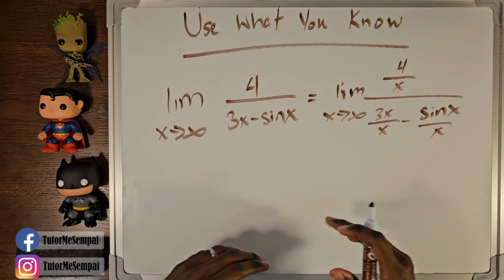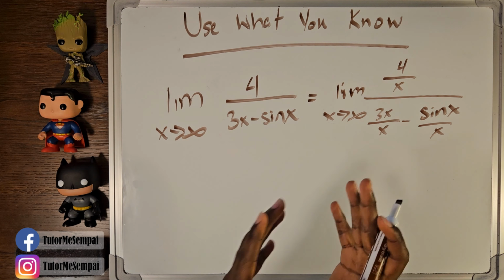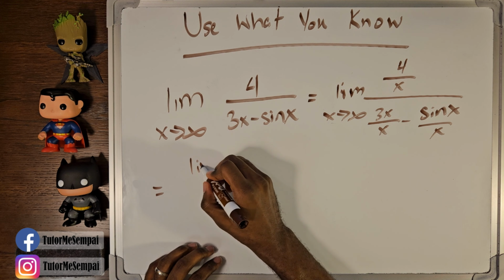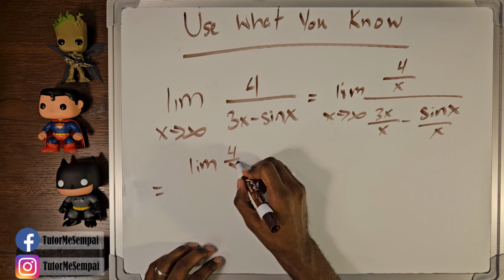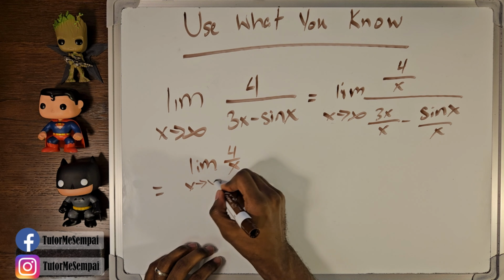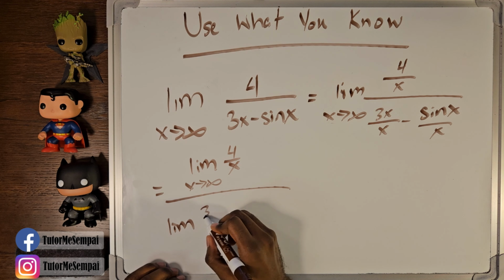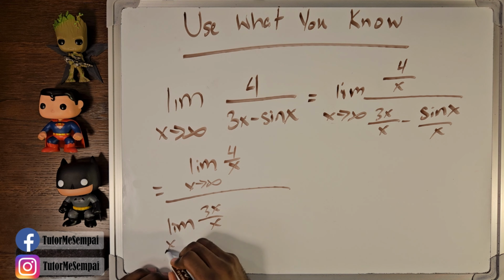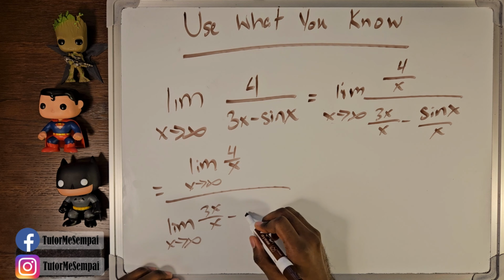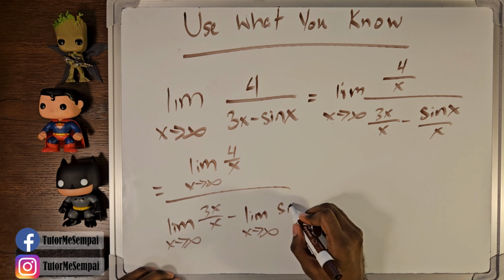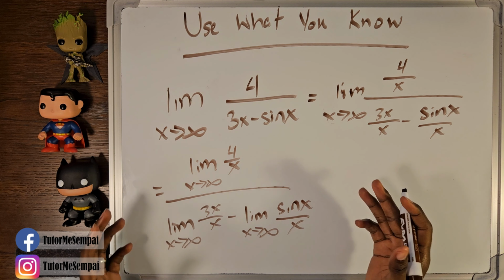Now we're going to find a limit of all of this. And using the properties of limits, you get something like this: the limit of 4 over x as x goes to infinity, all over the limit of 3x over x as x goes to infinity, minus the limit as x goes to infinity of sine x over x.